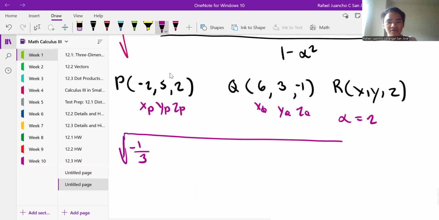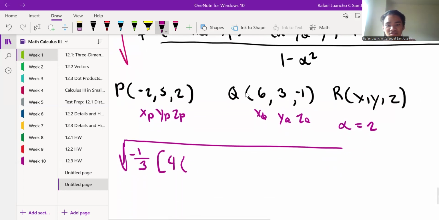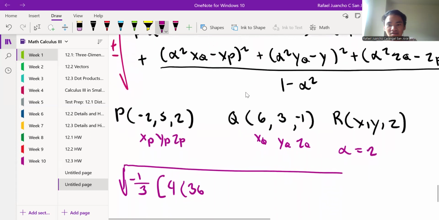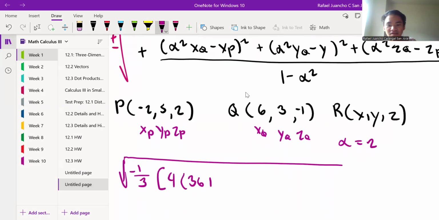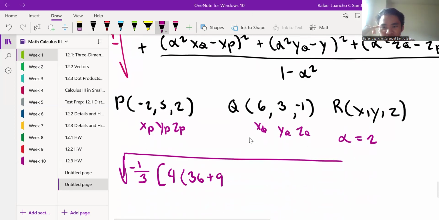And then we're doing alpha squared, so that's 4 times our q here. So 6 squared, 3 squared, negative 1 squared. That's 6 squared, 36. Y squared, so that's 9, because YQ squared is 3 times 3. Negative 1 squared is just 1.